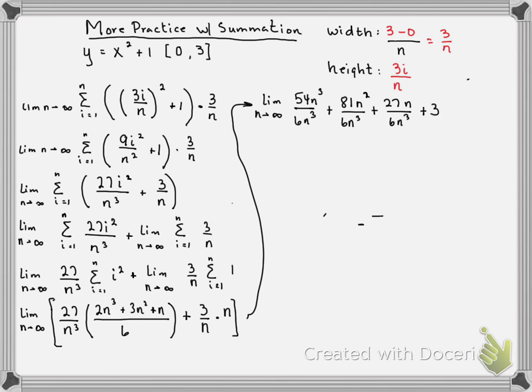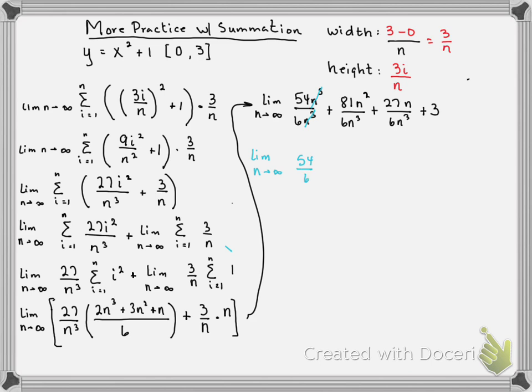Okay, so we've gotten to the point now where we can look at canceling out some of our n's. These are equal power, so the limit as n approaches infinity of 54 over 6, okay?